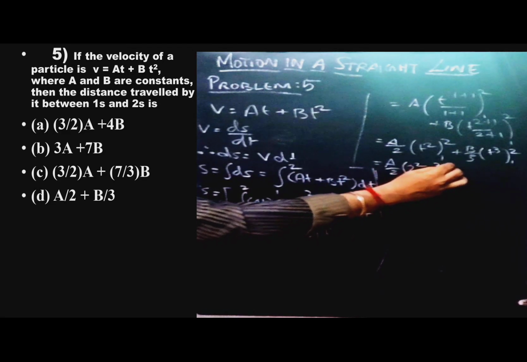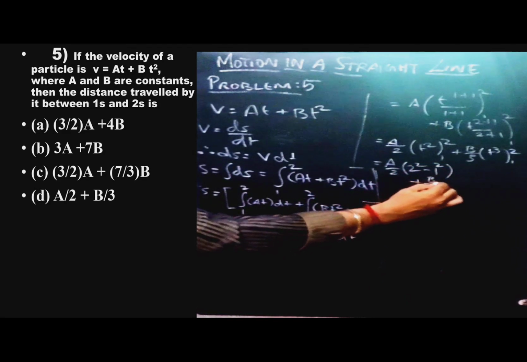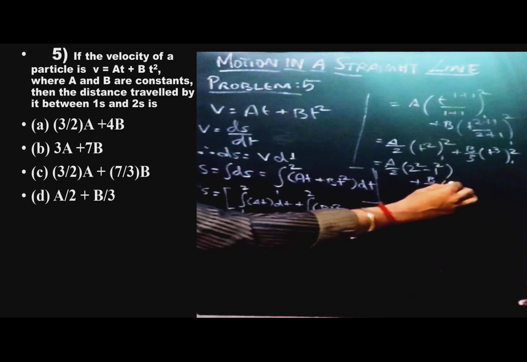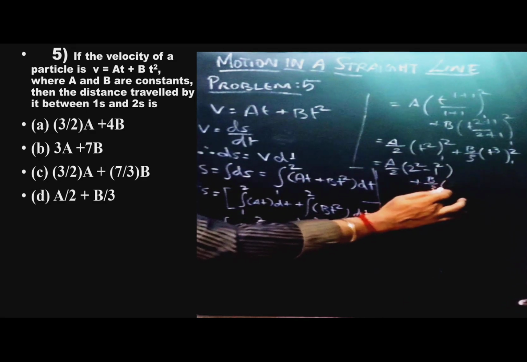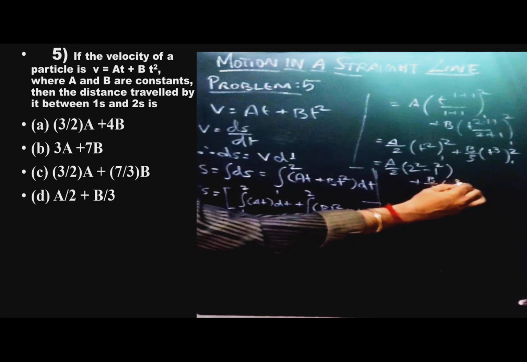I am substituting the limits here. So it is a by 2 into 2 square minus 1 square, plus b by 3 into 2 cube minus 1 cube.